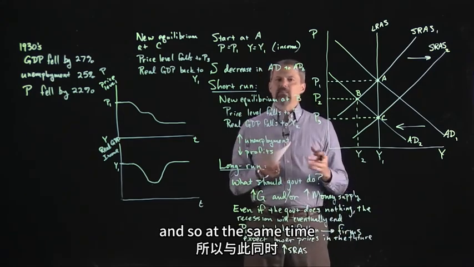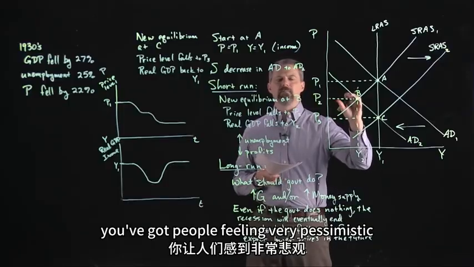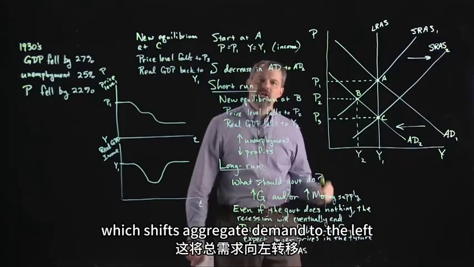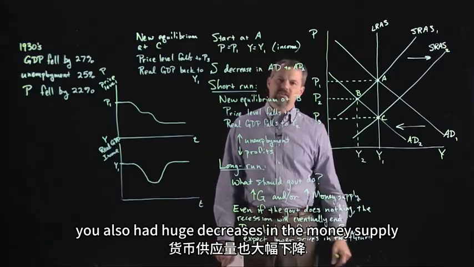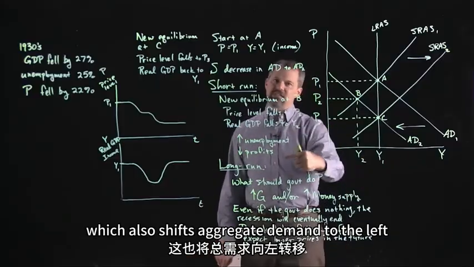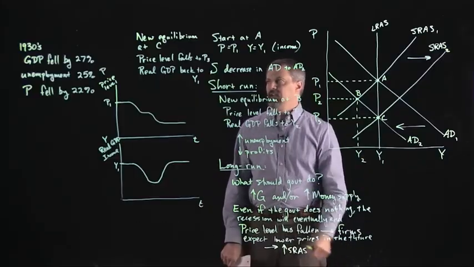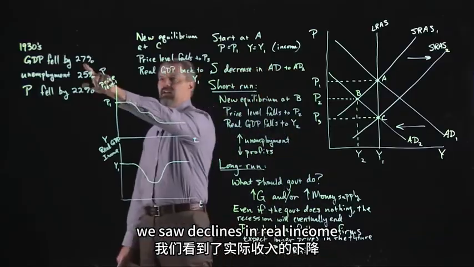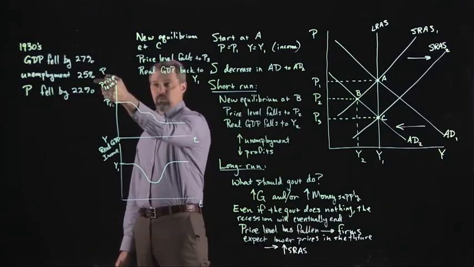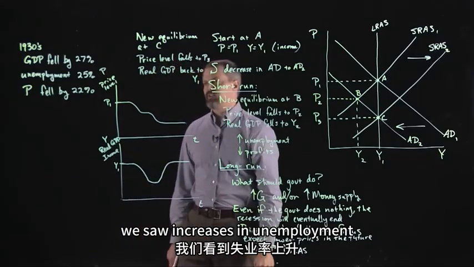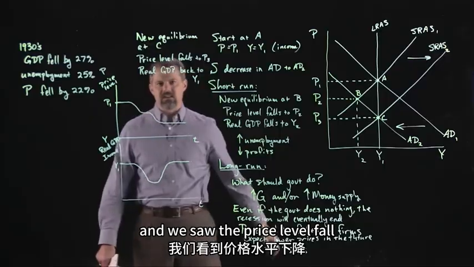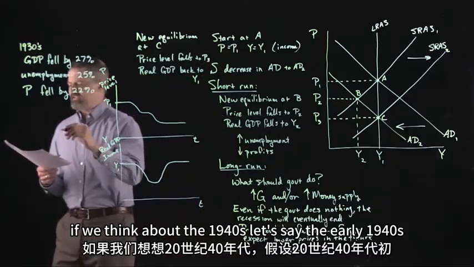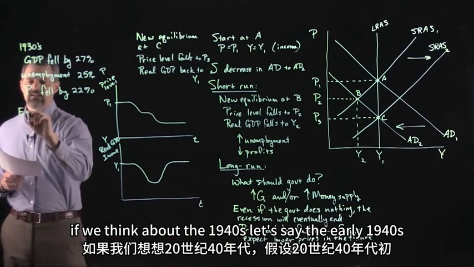So at the same time, you've got people feeling very pessimistic about the future, which shifts aggregate demand to the left. You also had huge decreases in the money supply, which also shifts aggregate demand to the left. And so we saw exactly what this model would predict. We saw declines in real income, increases in unemployment that went along with that, and we saw the price level fall.